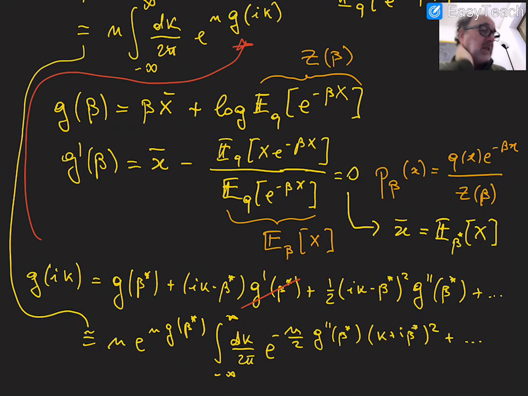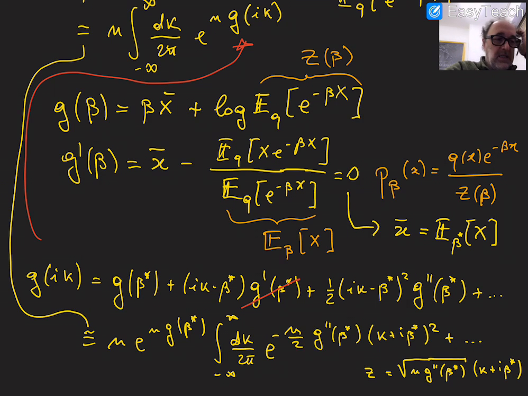So again, like in the law of large numbers for sums, if I make a change of variable in this integral, where I use the new variable z, which is the square root of n g double prime of beta star times k plus i beta star, then this integral becomes a Gaussian integral, and you can see that all these higher order terms contribute to corrections that vanish as n goes to infinity.